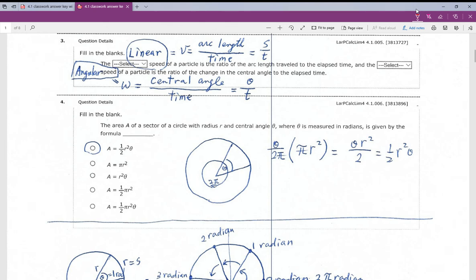The linear speed of a particle is the ratio of the arc length traveled to the elapsed time, and the angular speed of a particle is the ratio of the change in the central angle to the elapsed time.